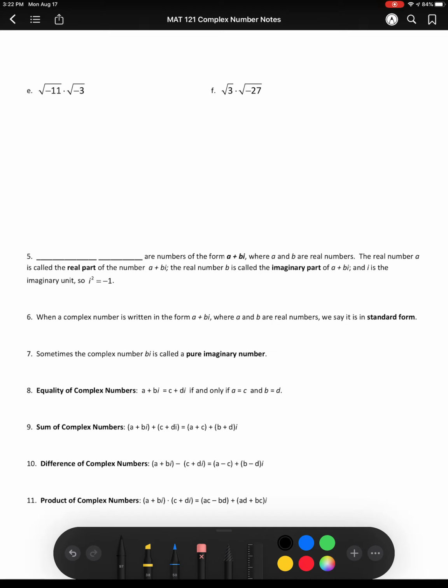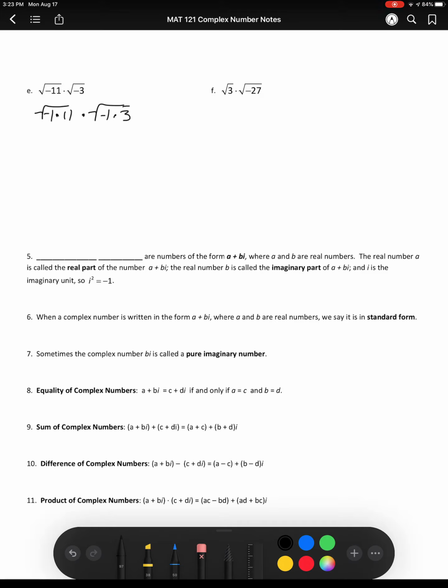It's tempting to just go ahead and multiply the insides, but that doesn't work with imaginary numbers, or it doesn't work with negatives inside of a square root. Instead, just write down what it would be with the i. So we can't break down the square root of 11, so we would just write it as negative 1 times 11, and the square root of negative 3 would be negative 1 times 3.